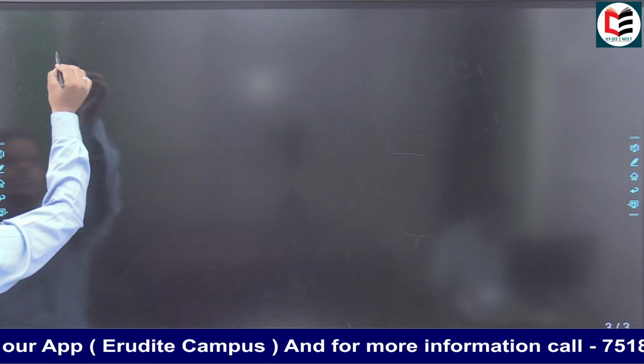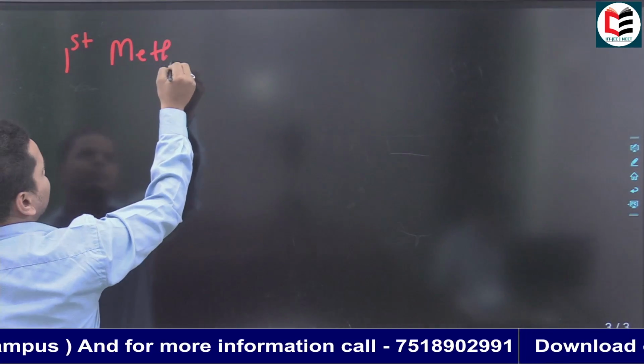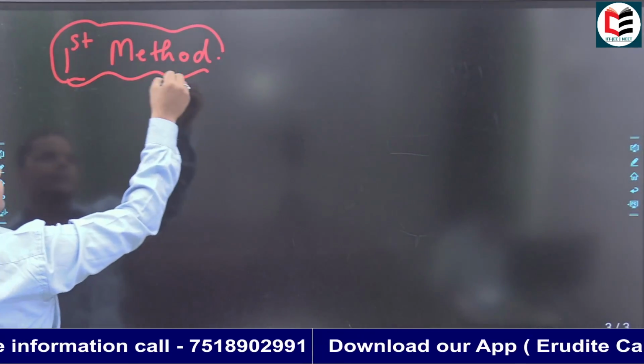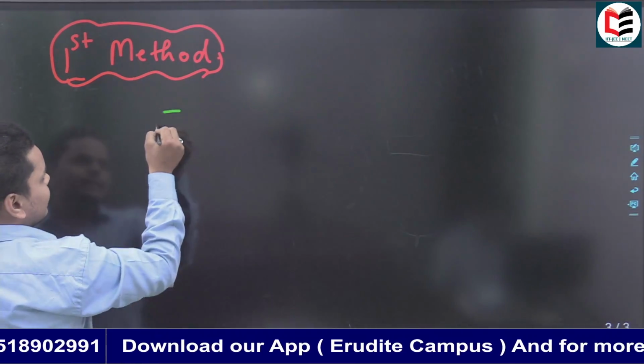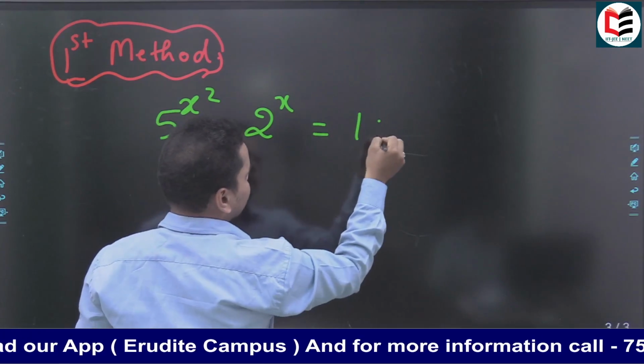Now first of all, I will continue with the first method, that is by taking log, by the method of logarithm. As per our question, 5 to the power x square into 2 to the power x is equal to 10.